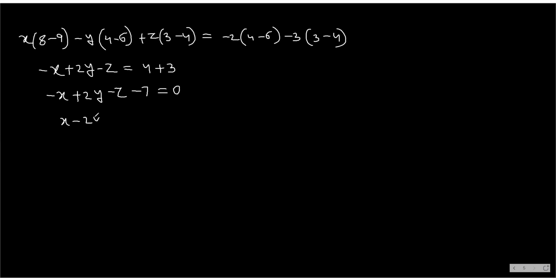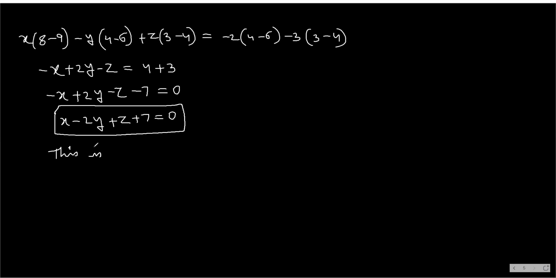That is x minus 2y plus z plus 7 equals 0. This is the required equation of plane. So students, this completes our plane completely.